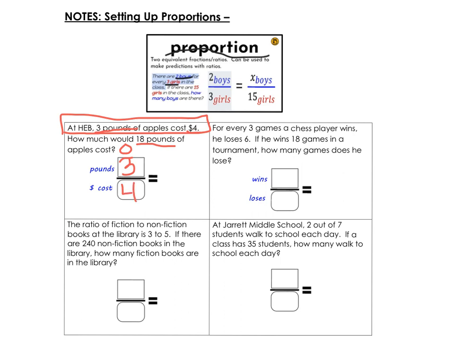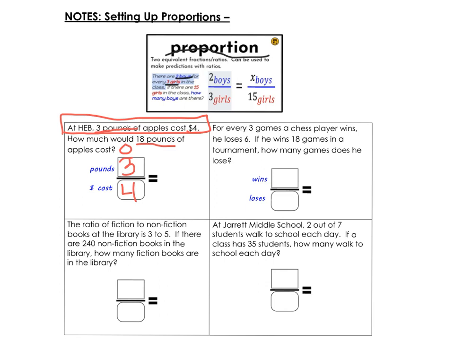So our original ratio here is 3 pounds cost $4. Okay, the 18 has nothing to do with the original ratio, but we'll get back later on to what to do with that 18. Okay, all right, now let's look at the next one here.